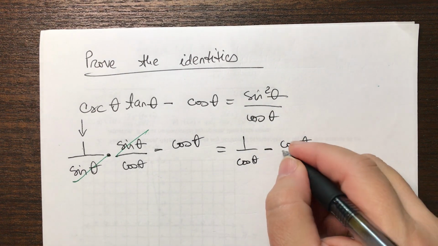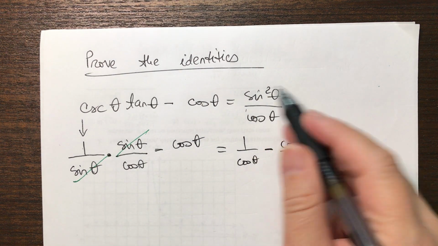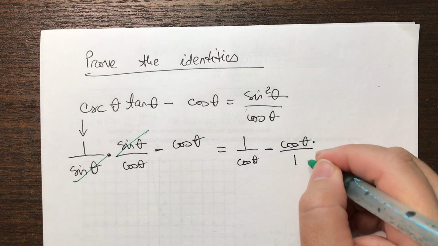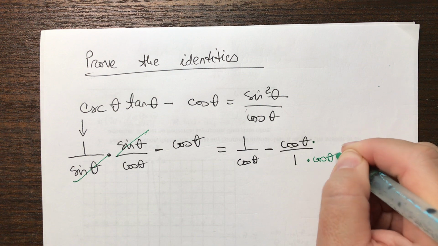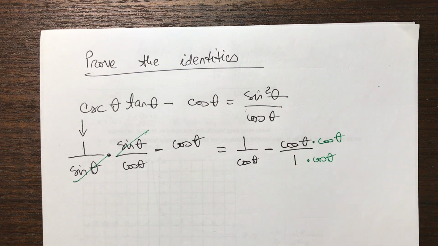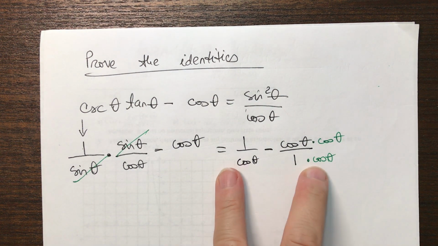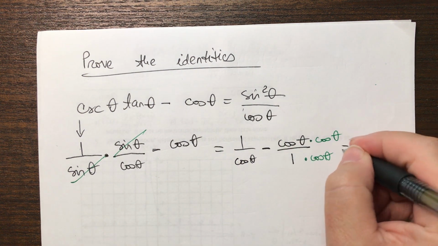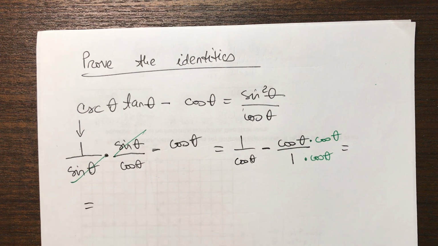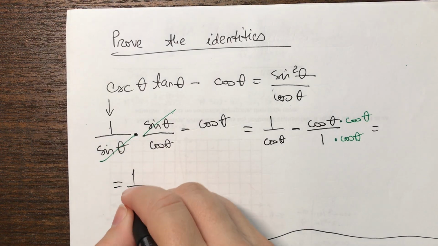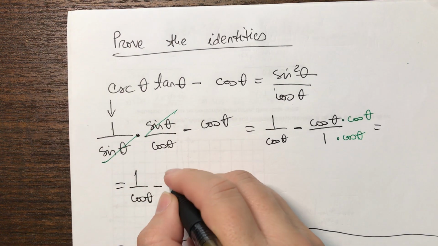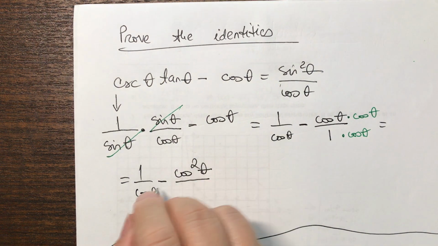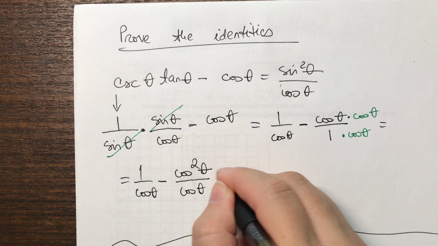Okay, so it looks like I'm going to have to turn this into one fraction only. That means I'm going to need to subtract these two. And sure enough, if I want to add or subtract fractions, I need a common denominator. So I'm multiplying this by cosine theta. What do I get? I'm going to get 1 over cosine theta minus cosine times cosine, written as cosine squared theta, over cosine theta.